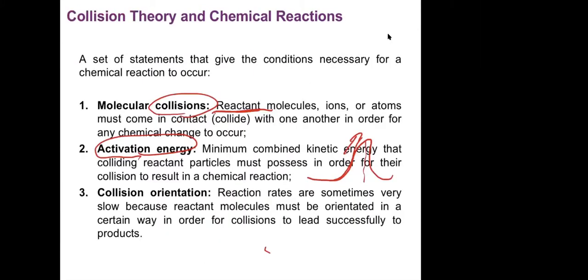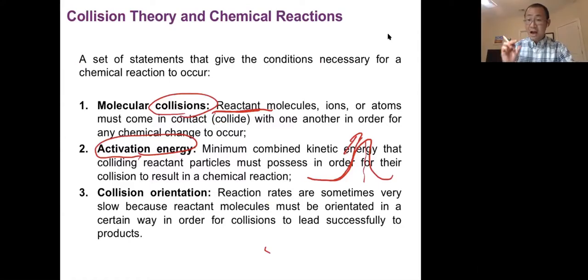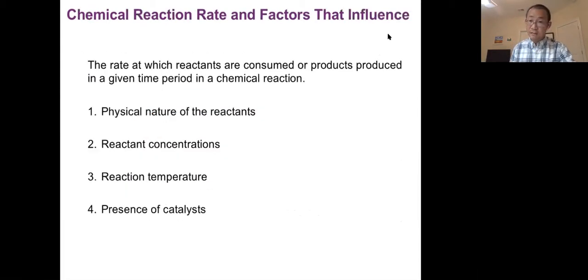Okay, again, these three statements you have to understand and be able to tell out in your own language. You don't need to memorize word by word. First statement: molecules are colliding with each other all the time. But in order for a reaction to happen, the collision must have sufficient energy to overcome a barrier, which we call the activation energy.